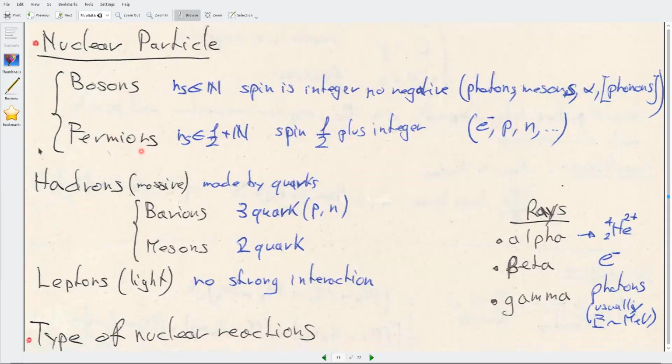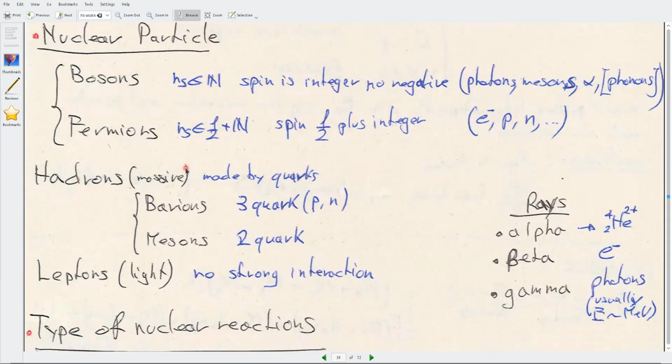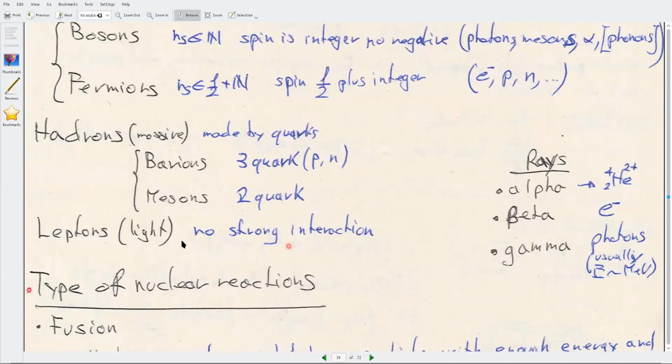We have particles in the hadrons that are the massive. They are made by quarks. The baryons are made by 3 quarks. The mesons are made by 2 quarks. And the leptons, the light. Hadron came from the Greek for massive, lepton from the light. The leptons are not connected with the strong interaction. The strong interaction works with quarks, so just with the proton and neutron.